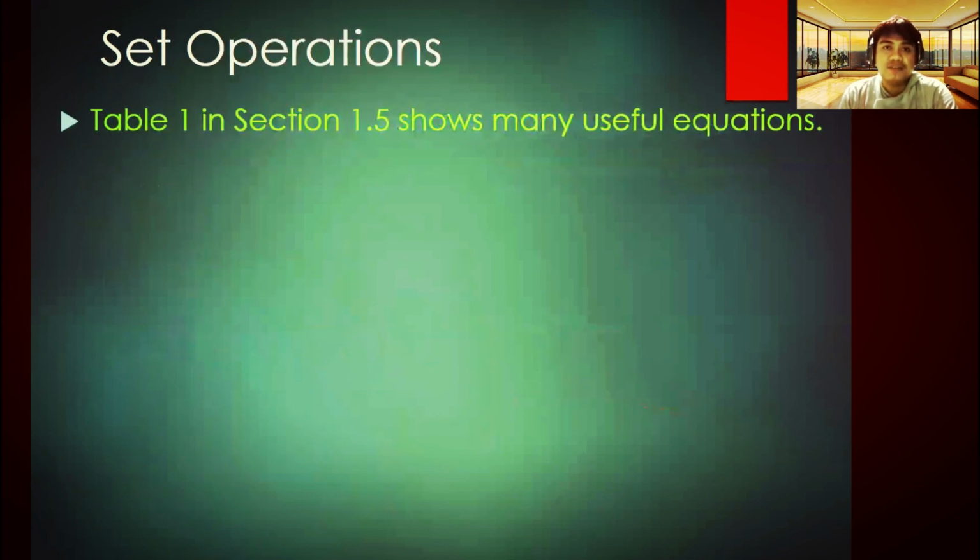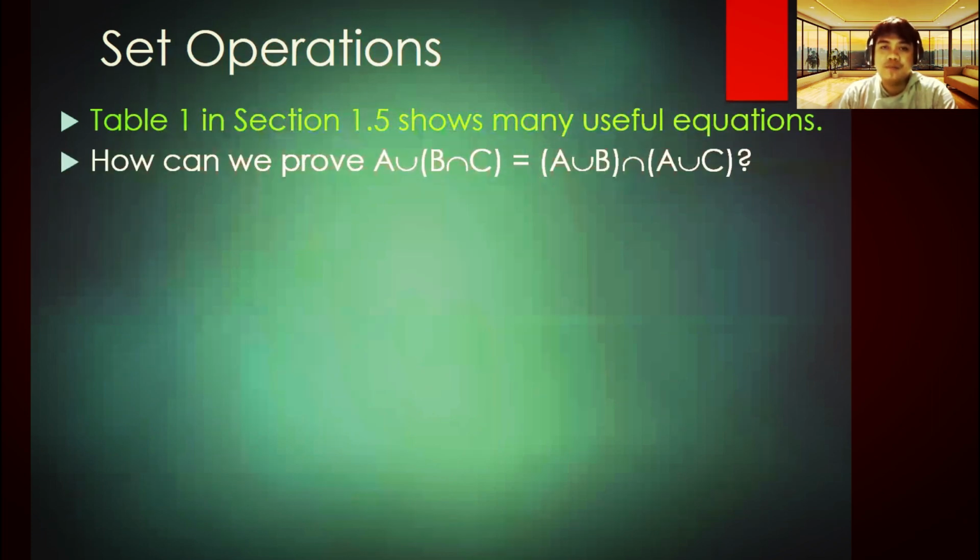So, set operations. So, makikita natin paano i-prove yung A union B intersection C is the same as A union B intersection with A union C. We have two methods.